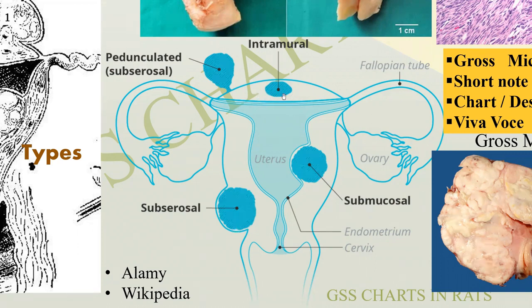It is right in the middle of the muscle, and I call it intramural. Sometimes there can be a stalk-like structure supporting it, and it goes outside the uterus, and it is called pedunculated. So these are the various types of leiomyomata which can be physically seen in an X-ray or by the gynecologist.